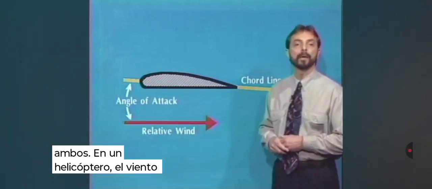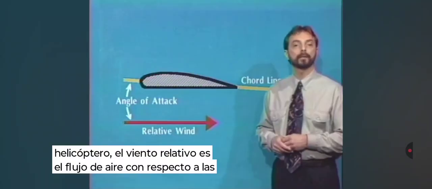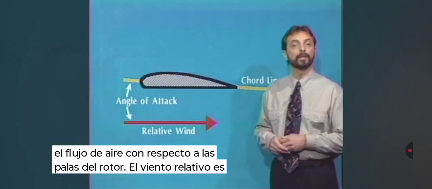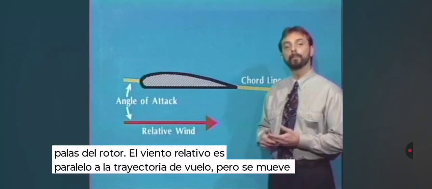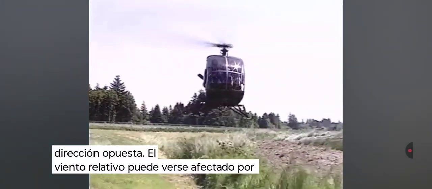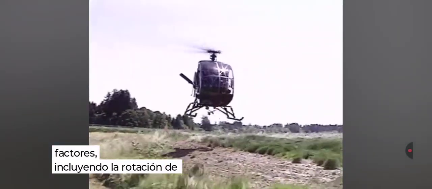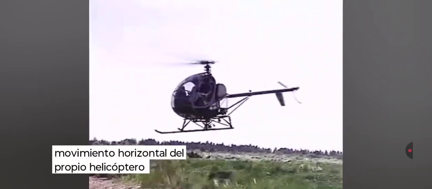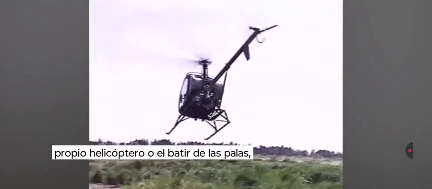For a helicopter, the relative wind is the flow of air with respect to the rotor blades. The relative wind is parallel to the flight path, but moves in the opposite direction. Relative wind may be affected by several factors, including the rotation of the rotor blades, horizontal movement of the helicopter itself, or the flapping of the rotor blades.